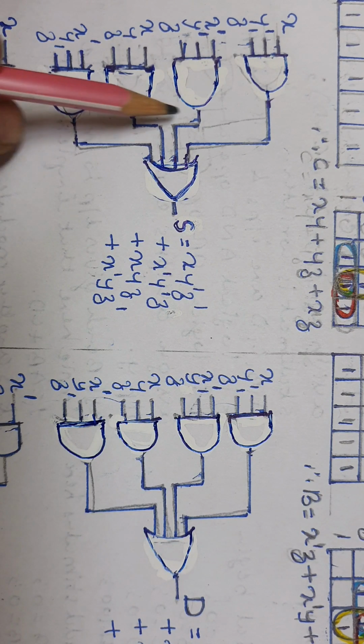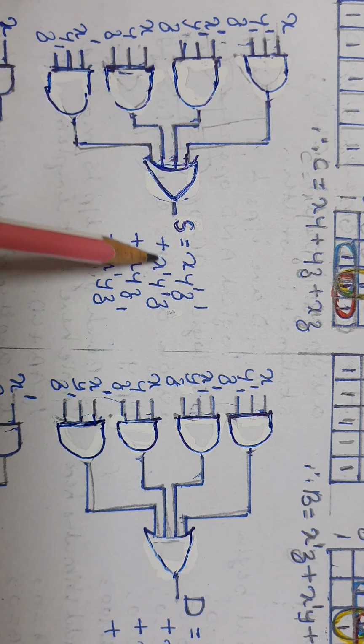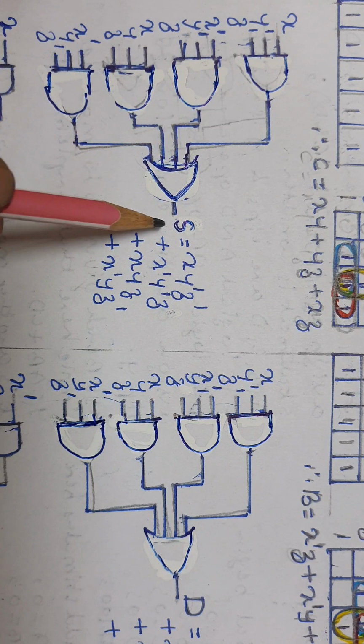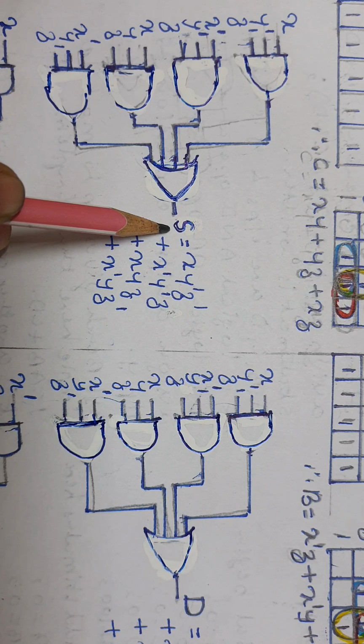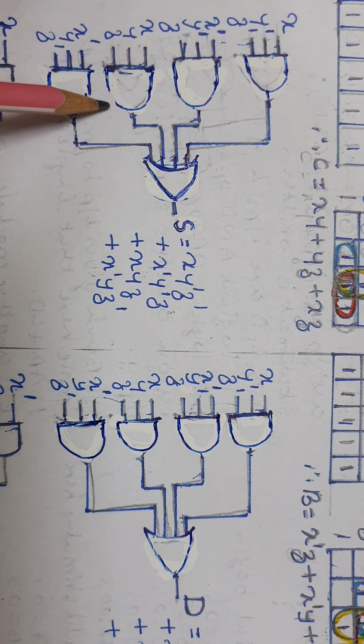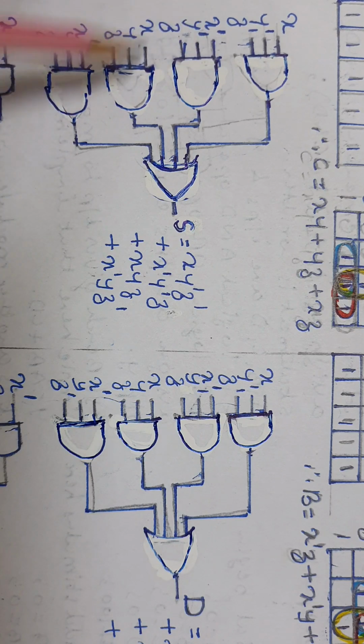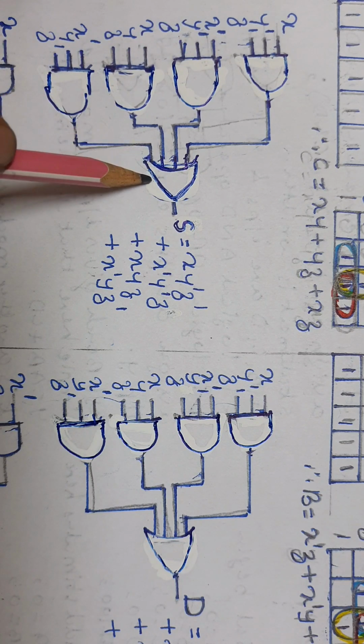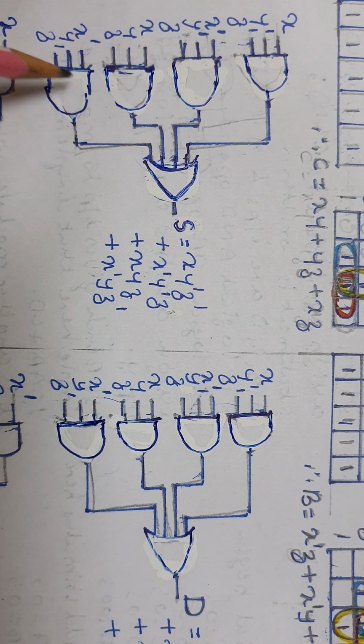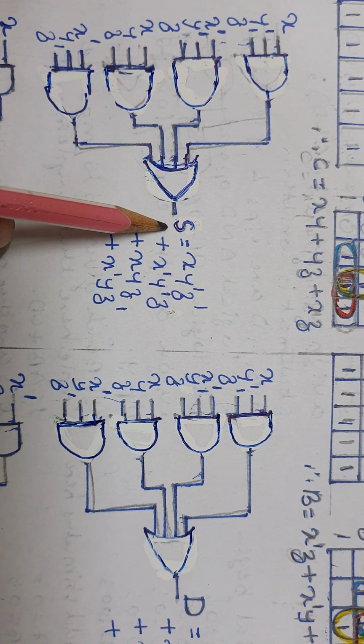So those product terms are here. All are logically ORed. So to implement this, the logic diagram we have drawn here needs 4 three-input AND gates and one 4 input OR gate. So this is the logic diagram for the sum bit, that is S bit.